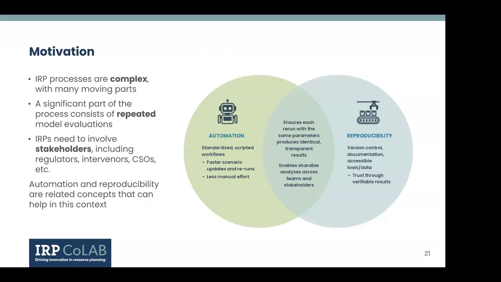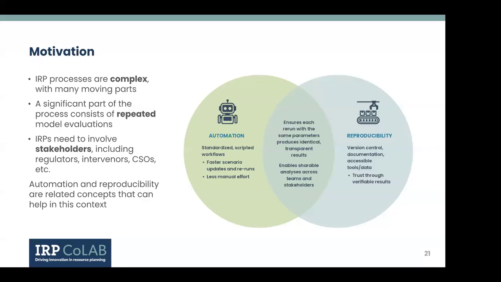Together, if you work on both, you can ensure that you can rerun parts of an analysis or even a whole analysis for an IRP with the same parameters to produce identical results. But it also allows you to rerun analysis with different scenarios. And it enables you to share analysis much more easily across teams and across stakeholders, maybe even let stakeholders do some of their own analysis with the same tools that you're using.